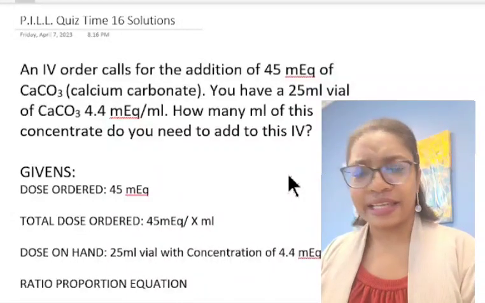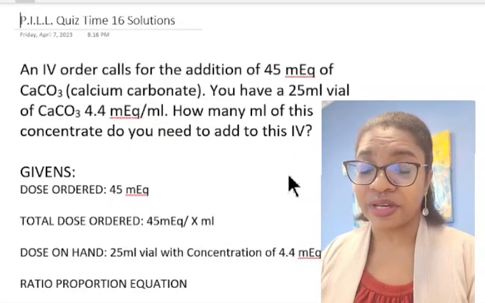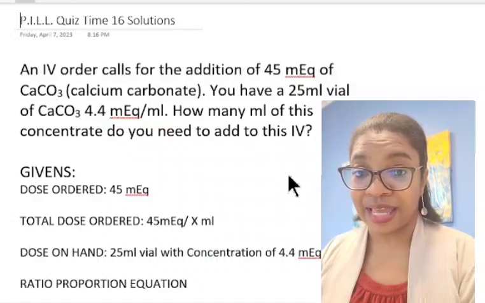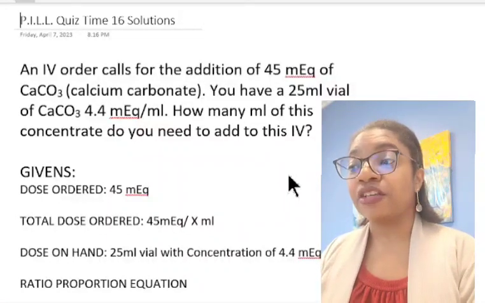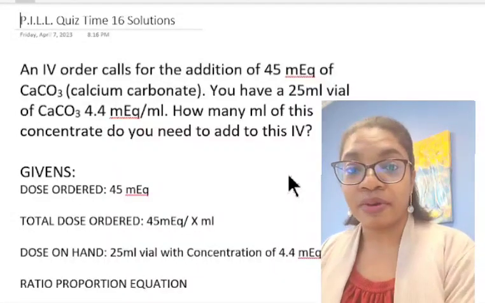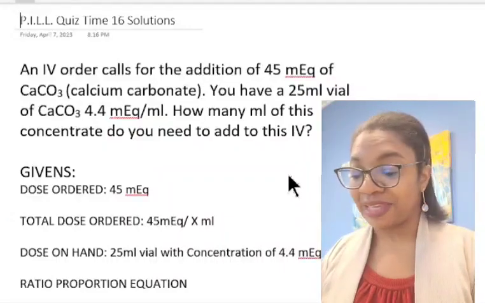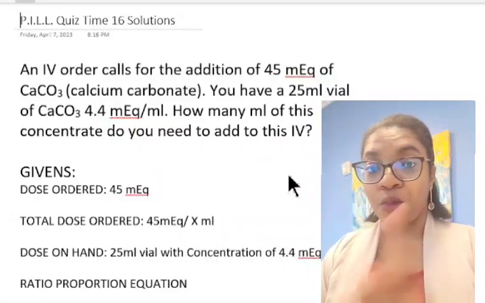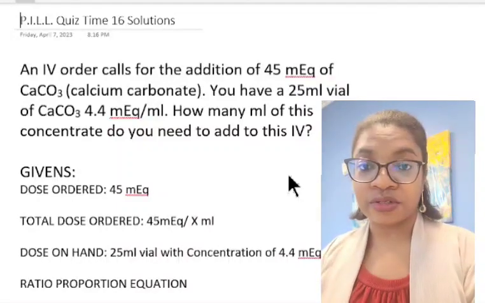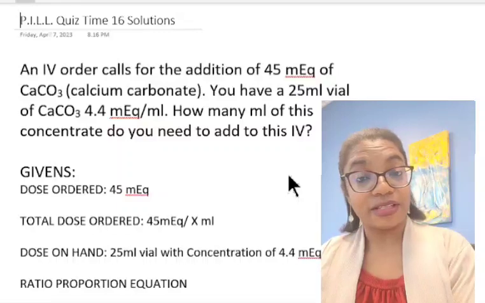A second way to solve for this without utilizing a ratio proportion equation is to set up the dose ordered divided by dose on hand equation, only when you have a concentration that's in unit per 1 mL. So if you ever are faced with a concentration that has units per 1 mL, you can utilize the formula dose ordered divided by dose on hand. So let's try it.